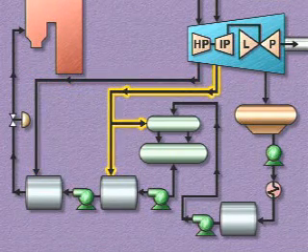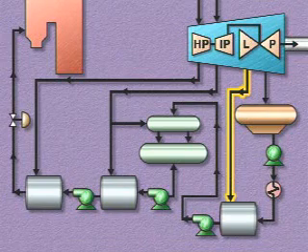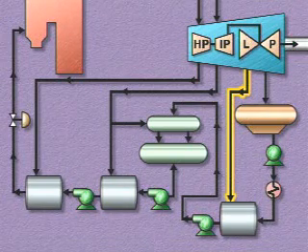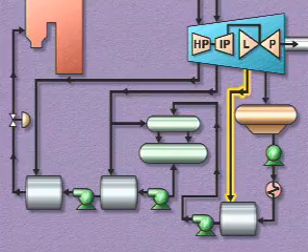Steam from the intermediate pressure section of the turbine is generally used in the intermediate pressure heaters and in the deaerator. Steam from the low-pressure section of the turbine is used in the low-pressure heaters. Heating the condensate and feedwater with the steam from the different sections of the turbine increases overall plant efficiency.